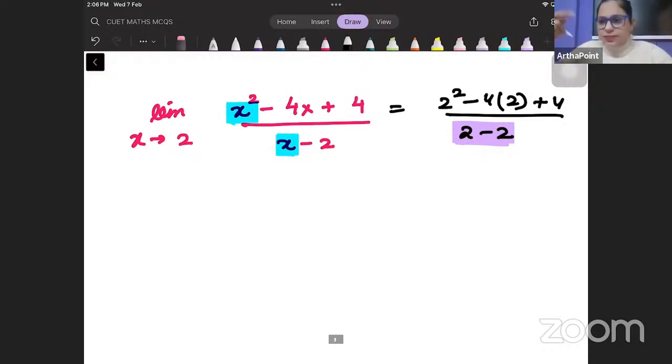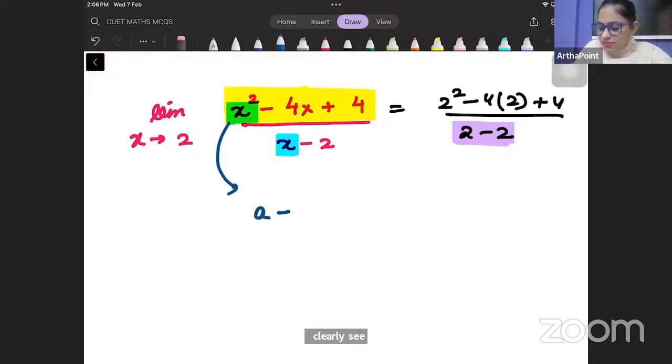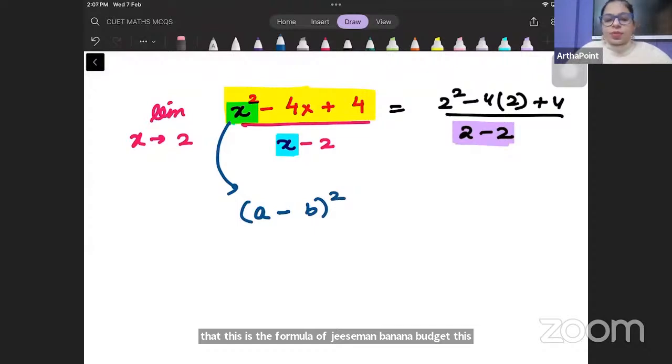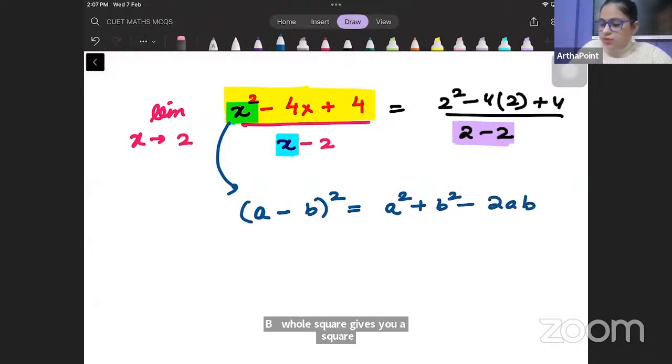ये हमें थोड़ा सा mathematically, with practice it will hit us. कैसे? I can clearly see that this is the formula of (a minus b) whole square. (a minus b) whole square gives you a square plus b square minus 2ab.